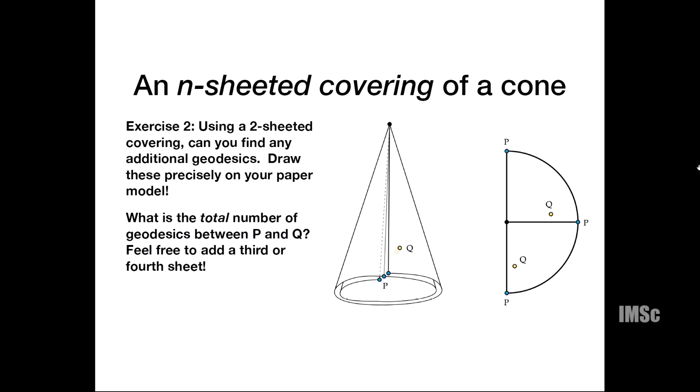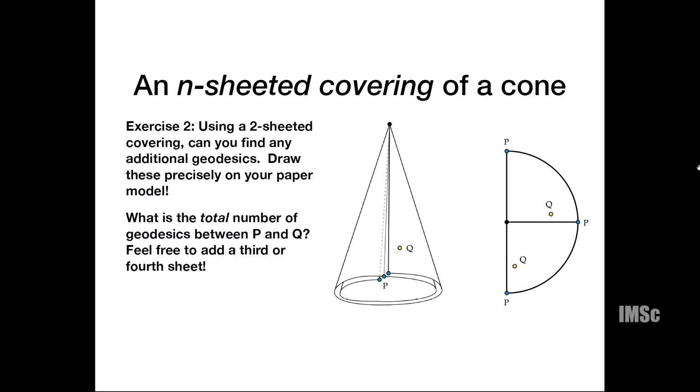But connecting P1 to Q3, we've already done that in some sense, because that's the same thing we got if we had connected this P to this Q. And connecting P1 to Q4, we've already done that as well. So we don't get anything new. You can fix your P and just think of the 4 different Qs. So there's exactly 4, and there's no more.